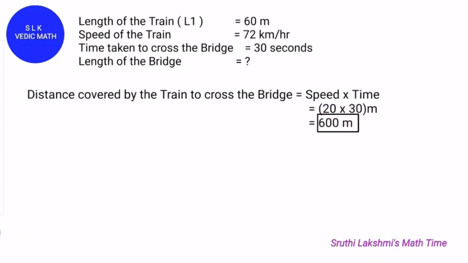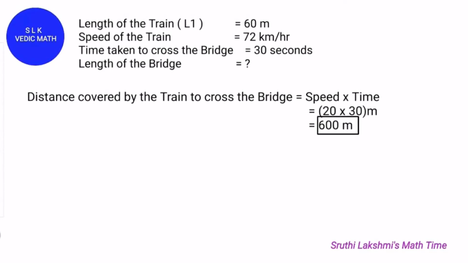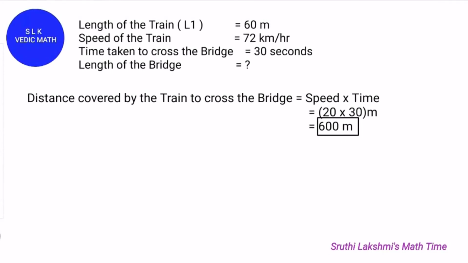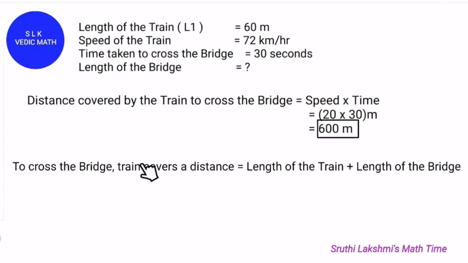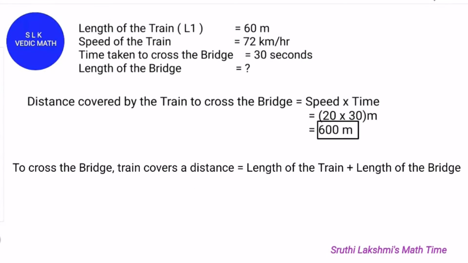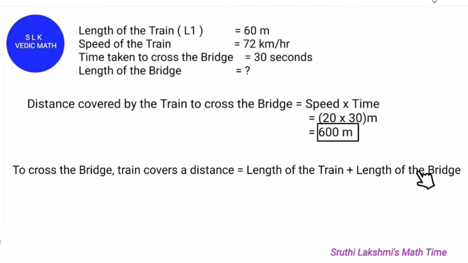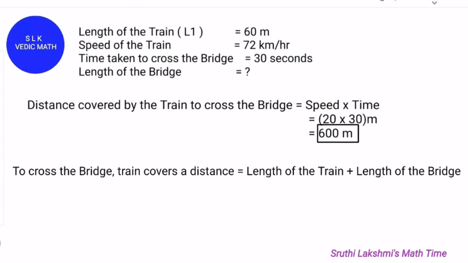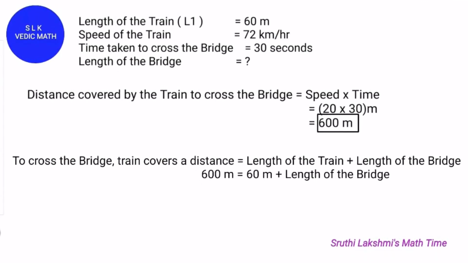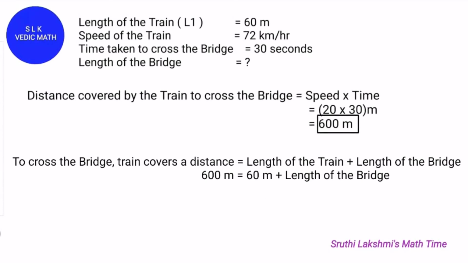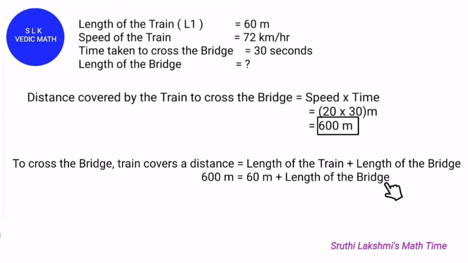So we already found the distance, which is 600 meters. Now, to cross the bridge, the train covers a distance that is equal to the length of the train plus the length of the bridge. So 600 meters is the distance covered by the train, and it equals 60 meters, the length of the train, plus the length of the bridge.